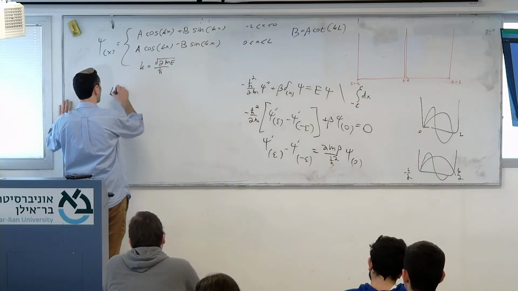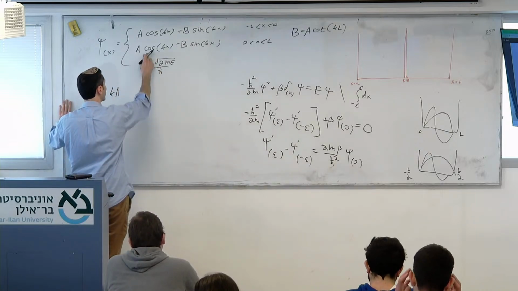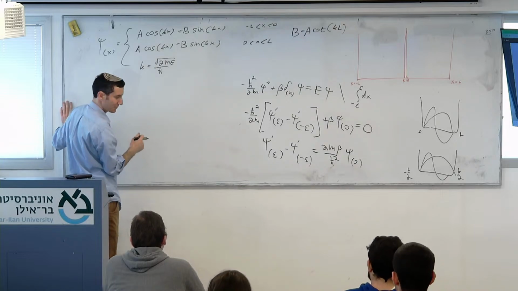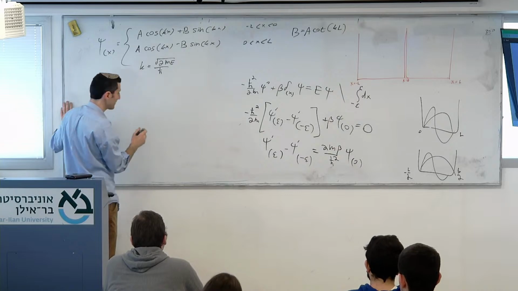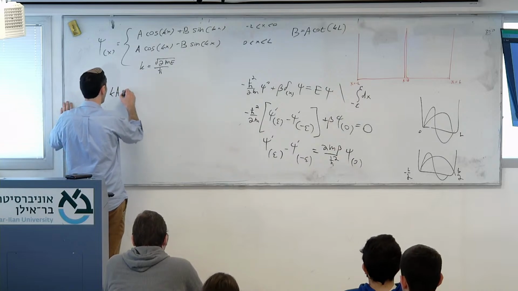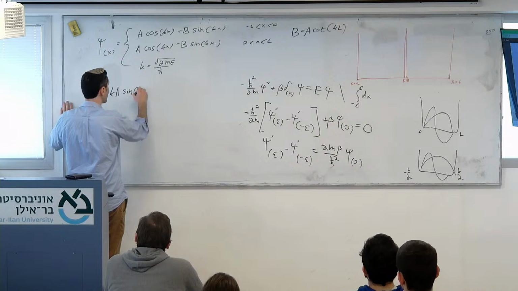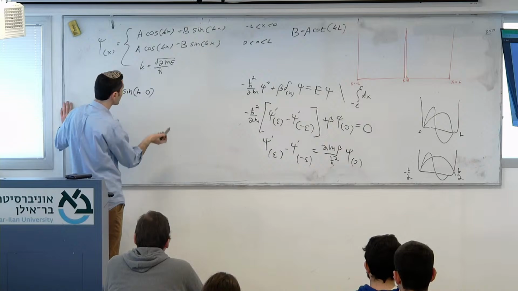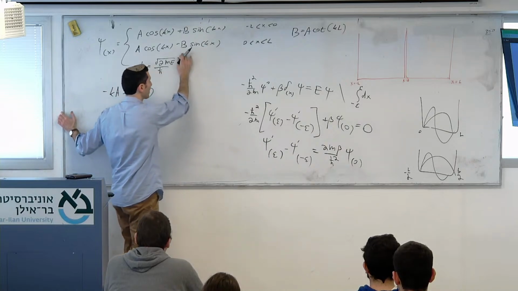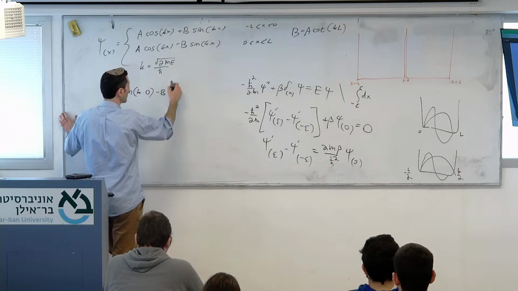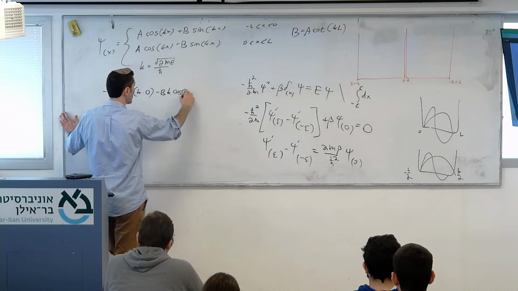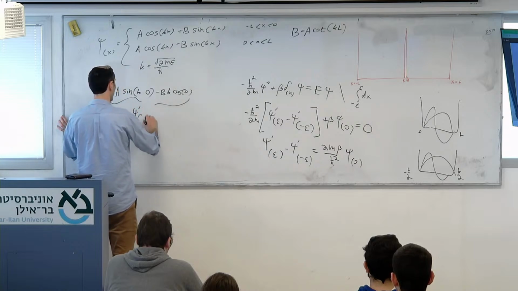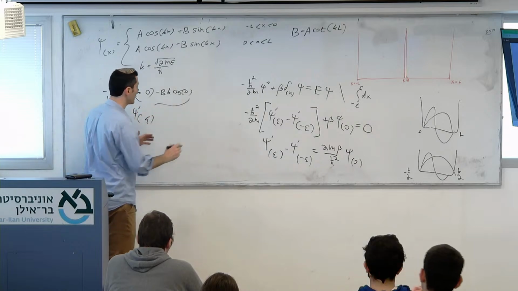So I get here k, a cosine becomes a sine, right? Now it becomes minus sine. Minus a k sine of k times 0. When I do the derivative of the sine, I get minus b k cosine of 0. All this was psi prime of epsilon.